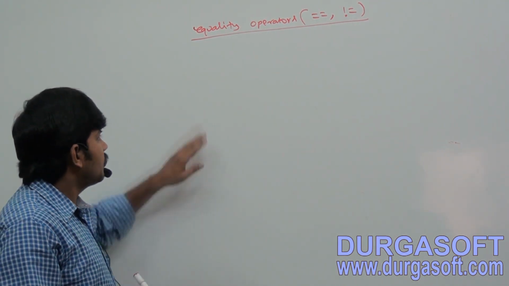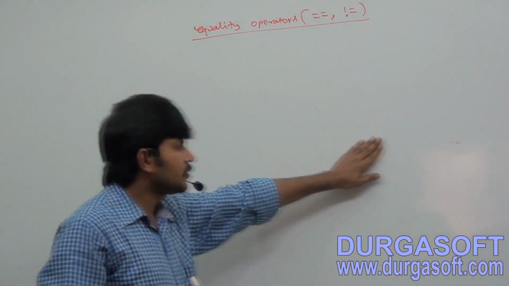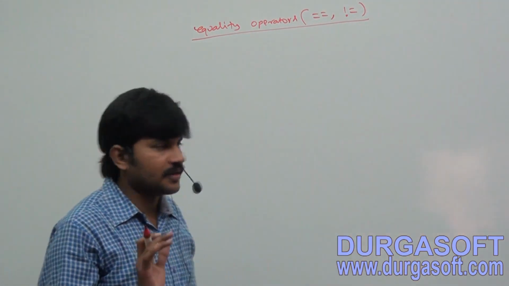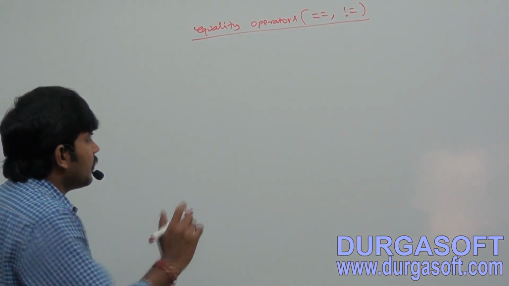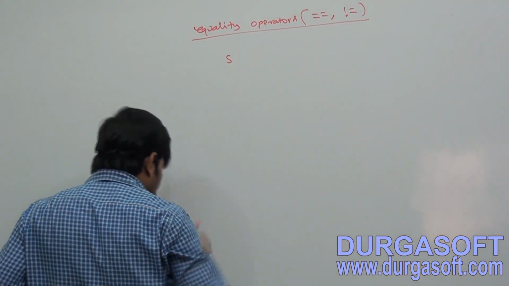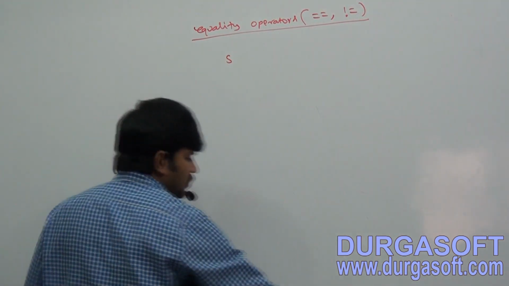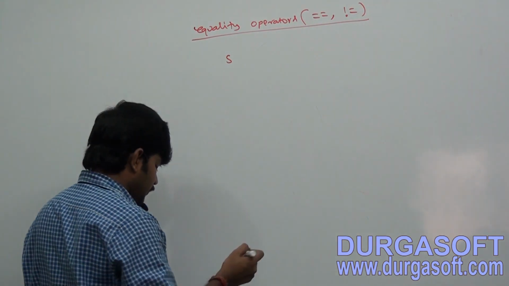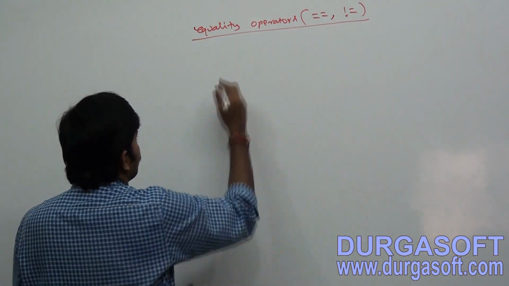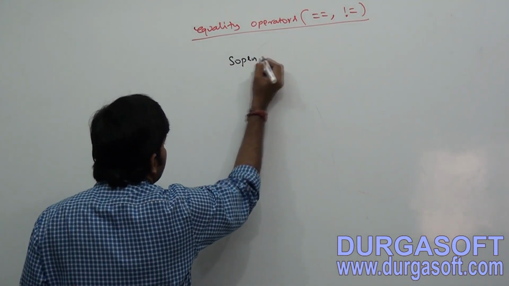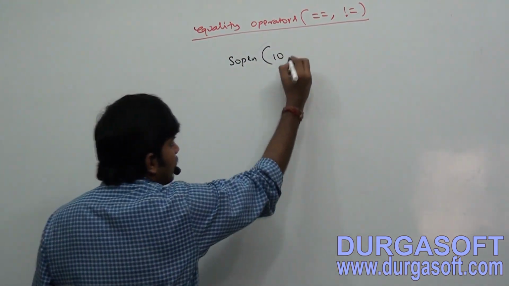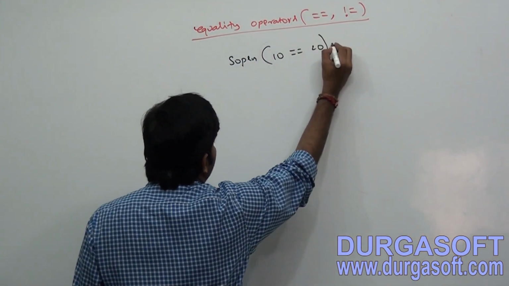Make sure you are all clearly aware. Here, observe. I am taking System.out.println of 10 double equal to 20.